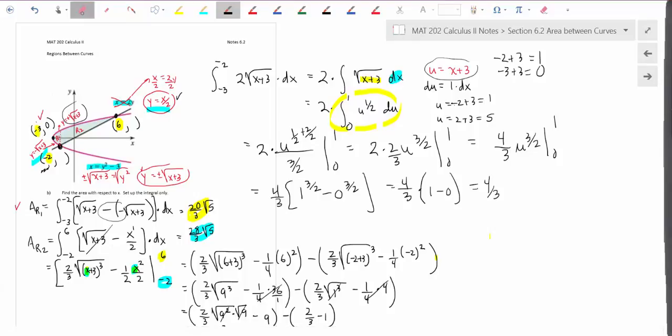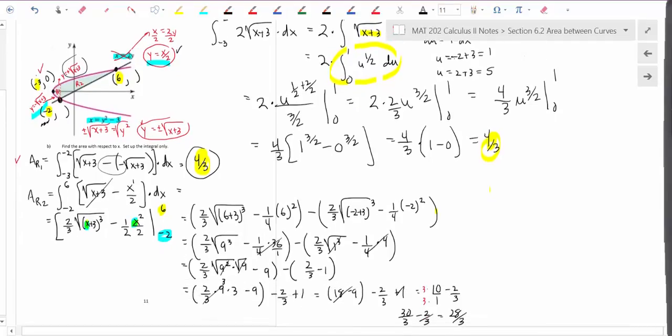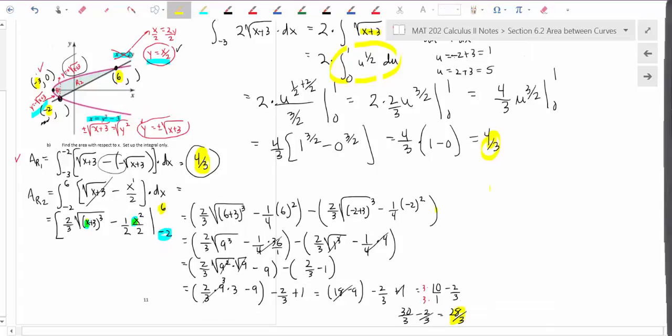Okay, so here's what I should have got for my result. This is the result of the first integral. That's 4/3. The result of the second integral is 28/3. So that means the total would be 4/3 plus 28/3, which is equal to 32/3.